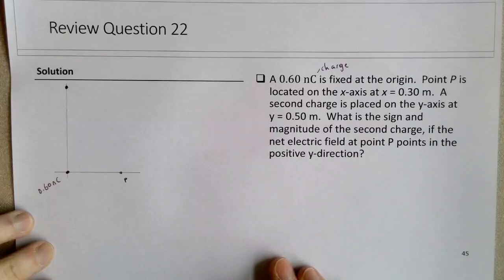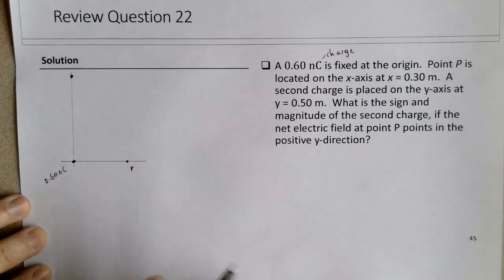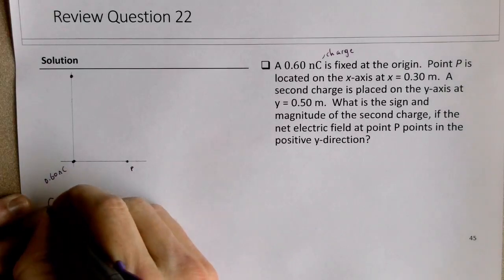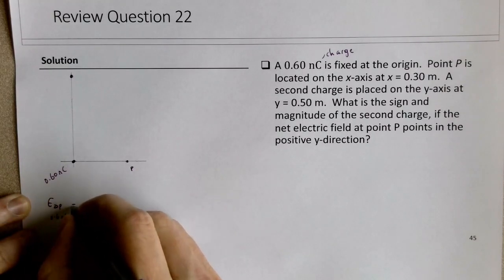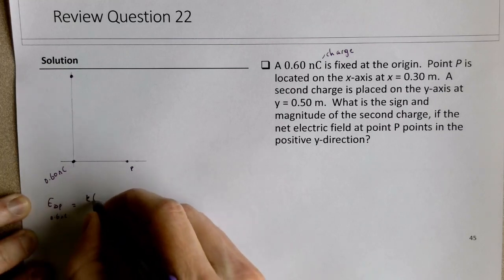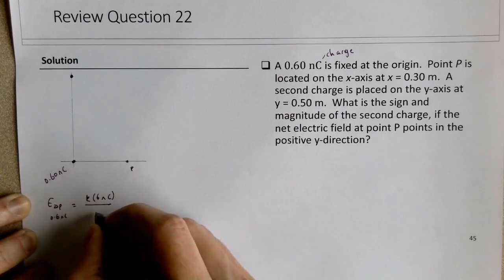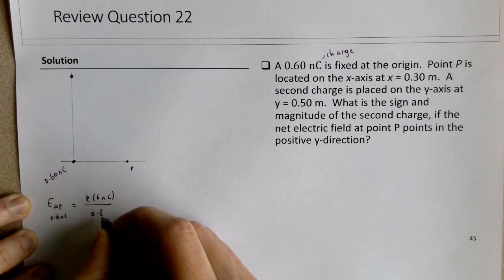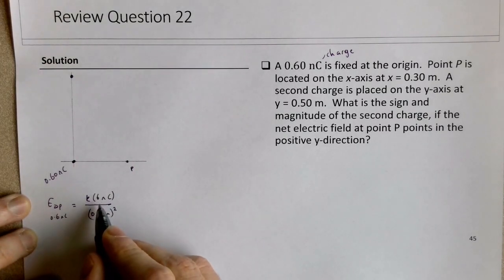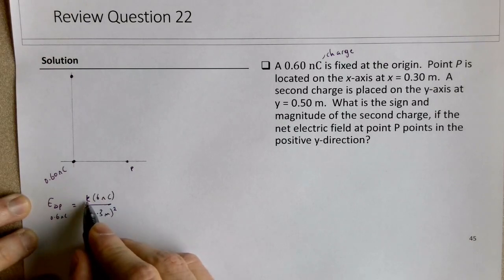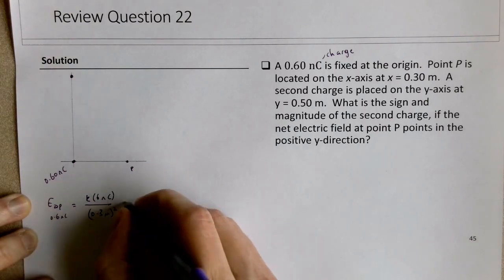So we have enough information to solve the electric field at point P due to the 0.6 nanocoulomb charge. Let's do that. So E at P due to the 0.6 nanocoulomb charge will be K times 0.6 nanocoulombs divided by 0.3 meters squared. Don't forget to convert your nano to 10 to the minus 9. K is 9 times 10 to the 9.